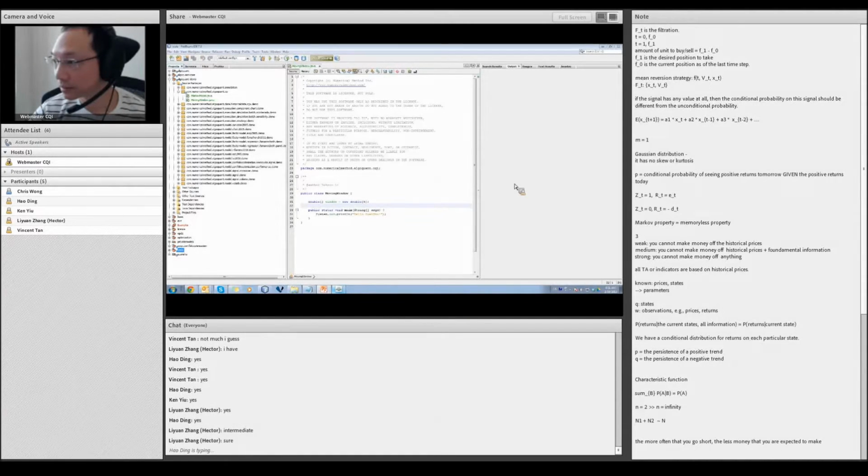Let's do a simple experiment first. We talked about Markov chain yesterday, so let's do some experiment on Markov chain.